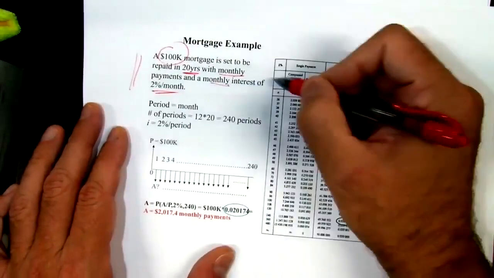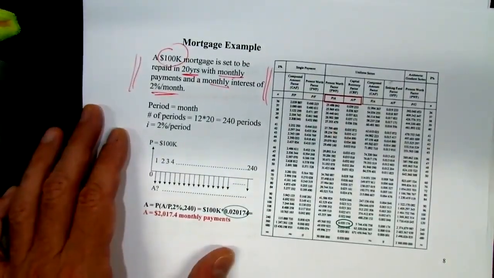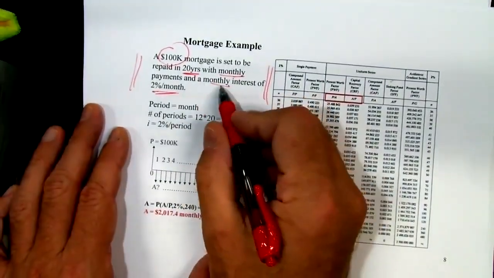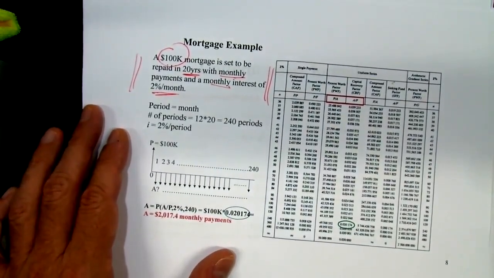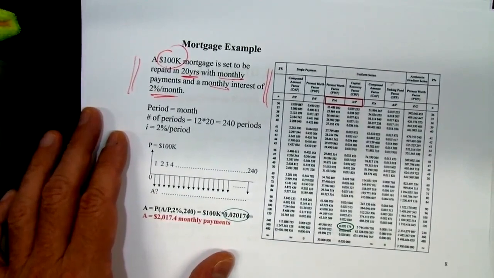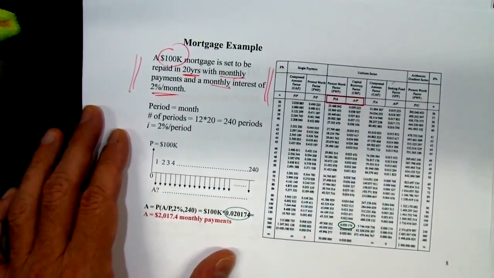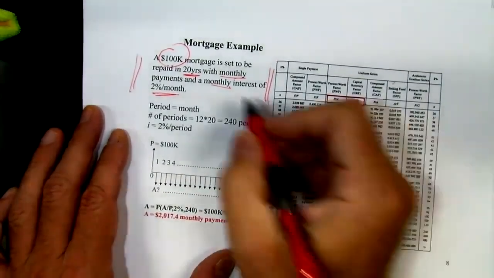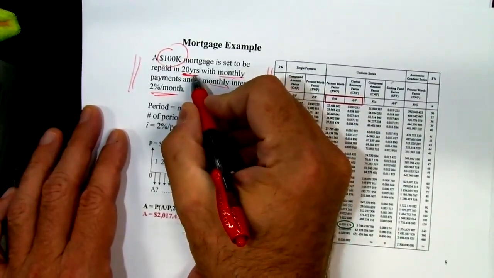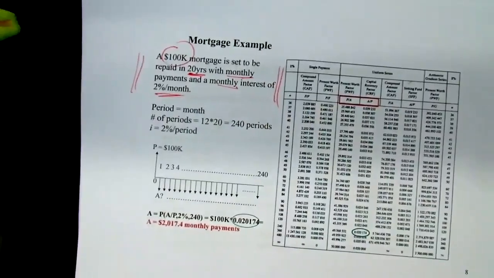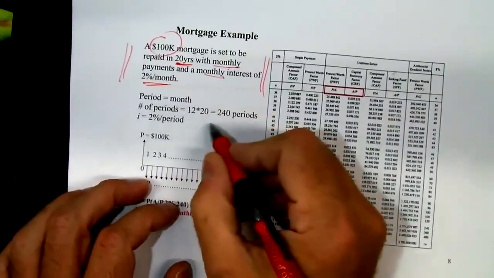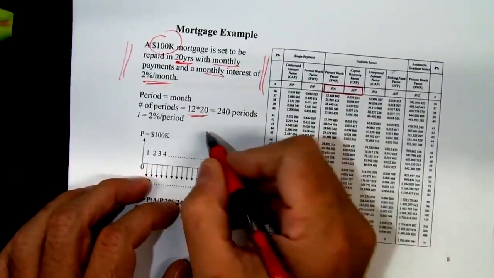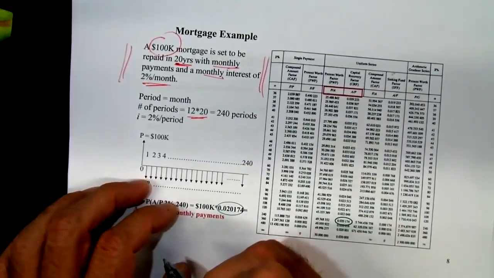So let's first translate what this means. It means that the payments are supposed to be monthly. So the period associated with this cash flow is a month. It's not 20 years, it's not a year, don't get confused. It's 20 years in total, but the cash flow is divided in months. So the number of periods will be 12 months per year multiplied by the 20 years.